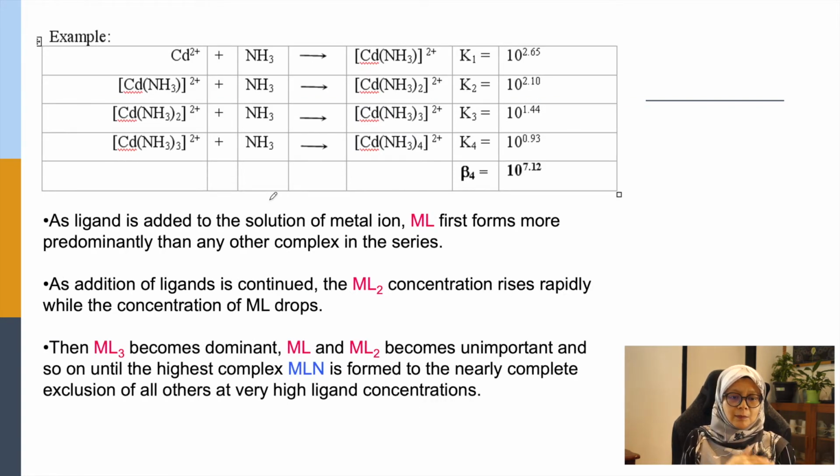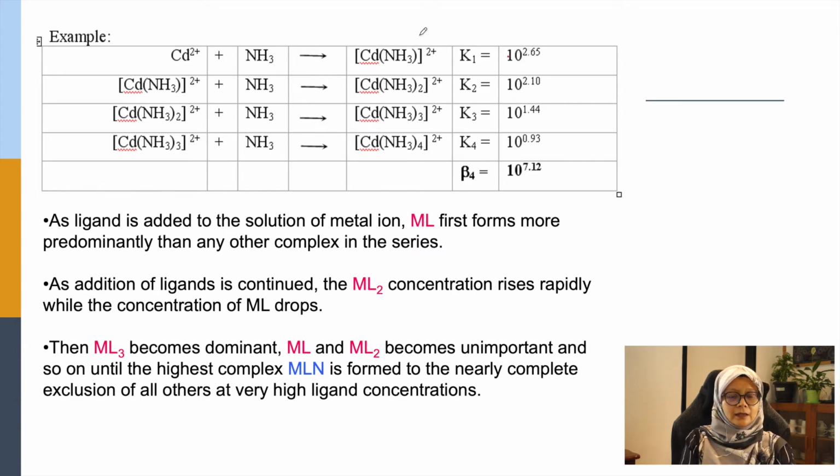The stepwise formation of the cadmium 2+ ion with the ligand ammonia, which we call ammine. This cadmium reacts with one NH3 ligand to form the cadmium 2+ complex, where the stepwise constant K1 is 10 to the power of 2.65.